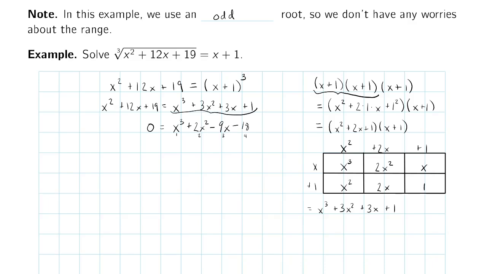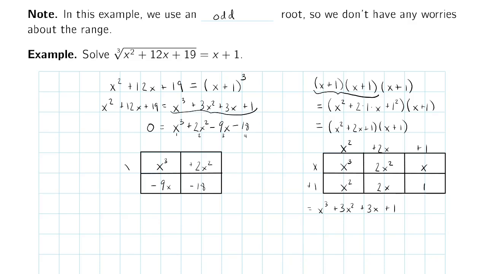So again, I'm going to want to draw a rectangle. This time 2 rows, 2 columns. I'm factoring this time, so I'm going from the result of multiplication to the expressions I'm multiplying. I'll put my terms x to the third plus 2x squared minus 9x minus 18, just one per box.